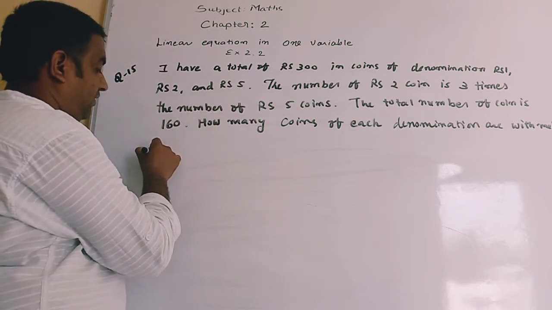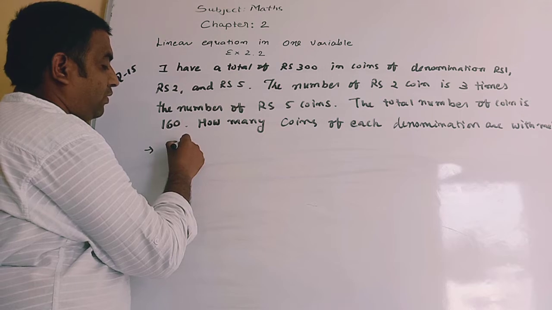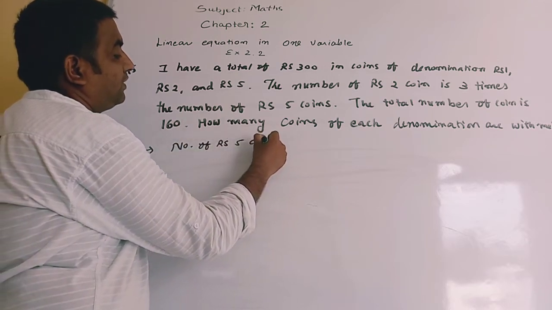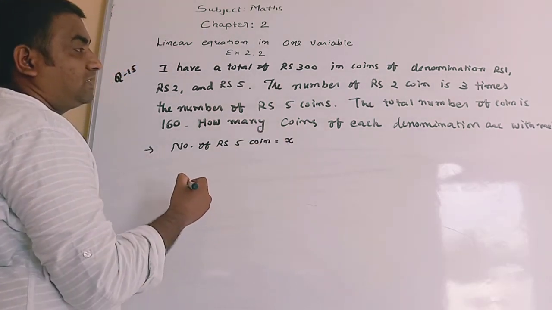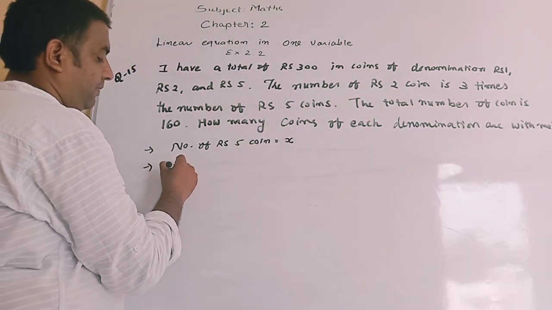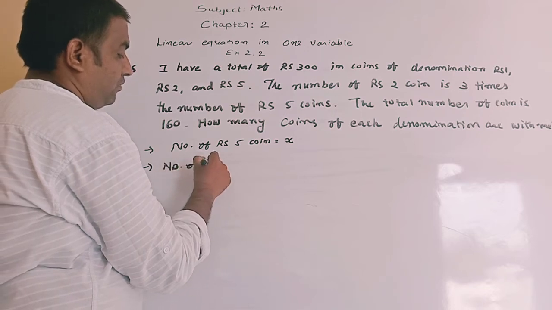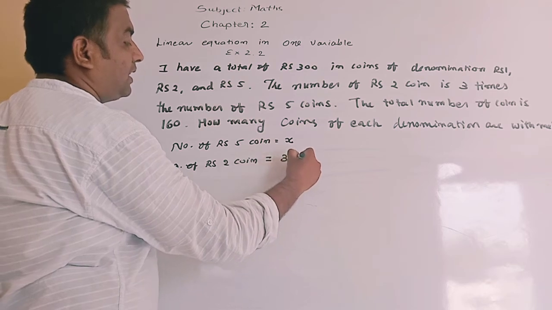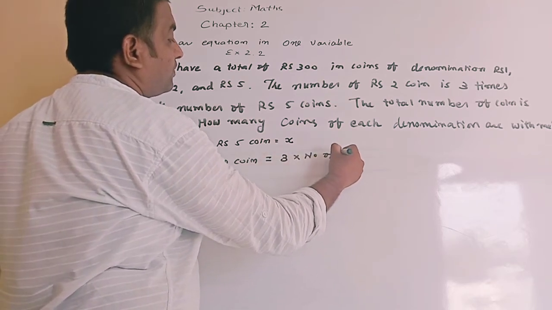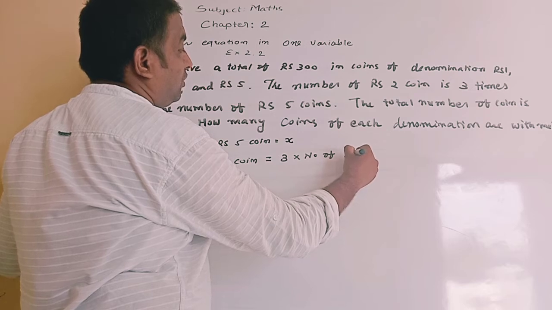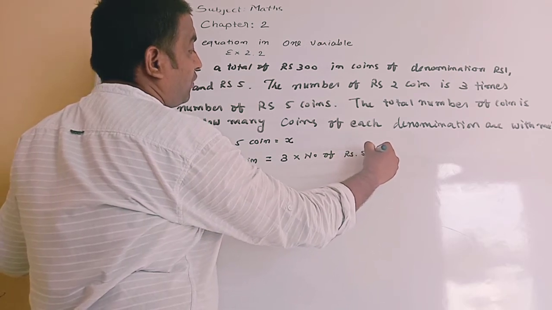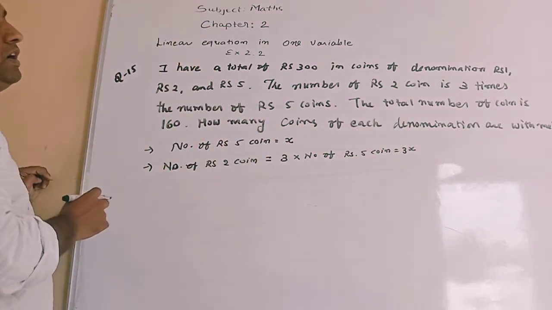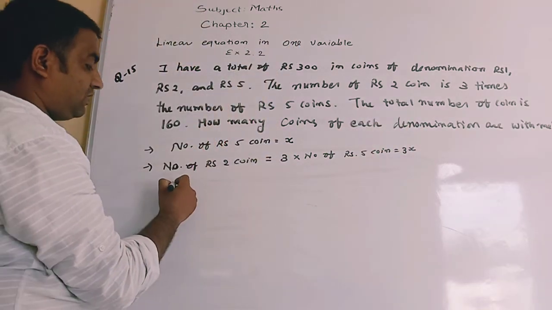So let me take the number of rupees 5 coins equal to x, and the number of rupees 2 coins equals 3 times the number of rupees 5 coins, that is 3x. Now the total number of coins is 160.